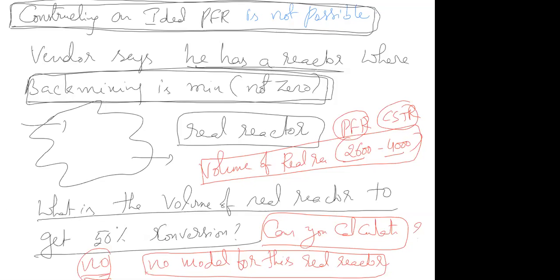That means you are playing with big money. A refinery will cost almost 15 to 50, 60,000 crores. So you can't build the entire refinery on guessed volumes.